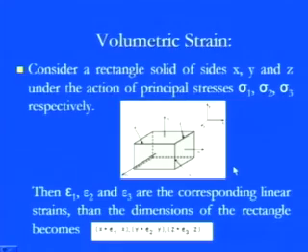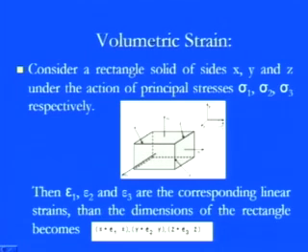If you want to express those things, we can consider again the same element which we considered in the previous cases: the uniform unit bar, and in all three directions we have the stress components sigma 1, sigma 2 and sigma 3 in these three mutually perpendicular directions.